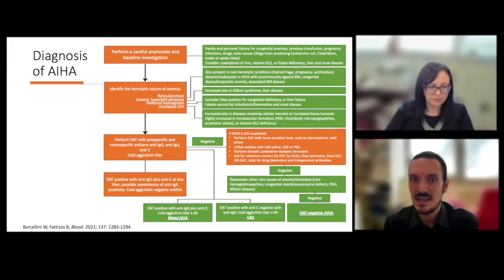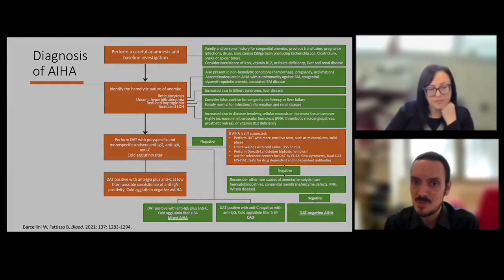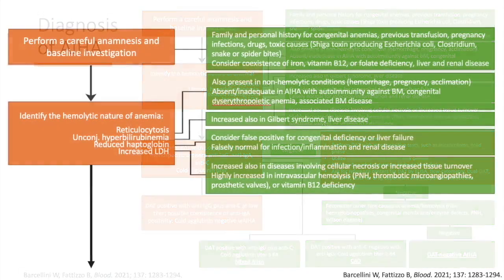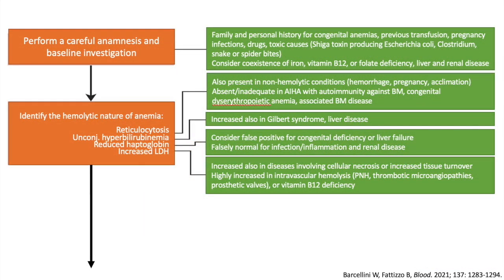So the diagnosis of autoimmune hemolytic anemia follows a long flow chart, as you can see in this slide, which begins with patient signs and symptoms and also with a careful anamnesis, patient history, medication history, because we saw that medications may also be associated with the development of autoimmune hemolytic anemia, but also with the family and personal history, particularly from the very beginning of a patient's life, because sometimes patients presenting with acute hemolysis in adulthood may still have signs of chronic hemolysis and, if correctly investigated, may have features of congenital hemolytic anemias.